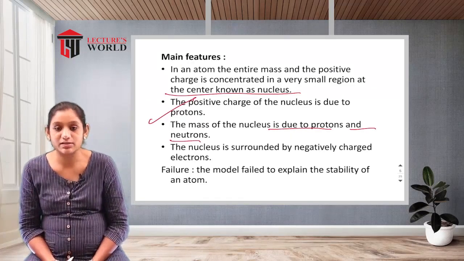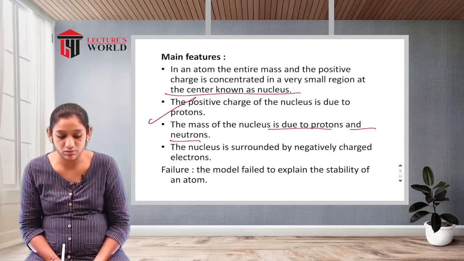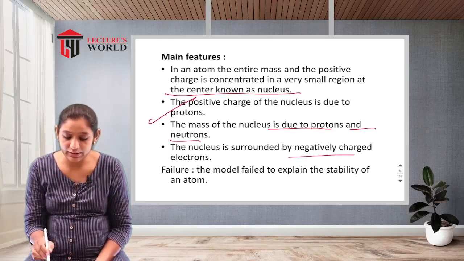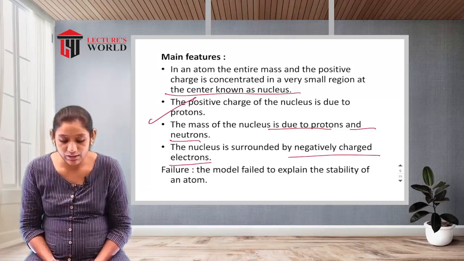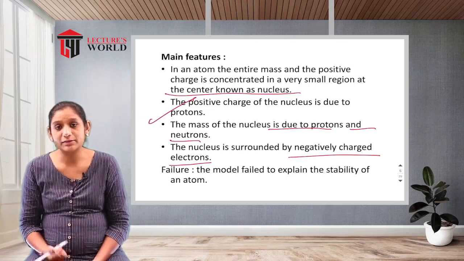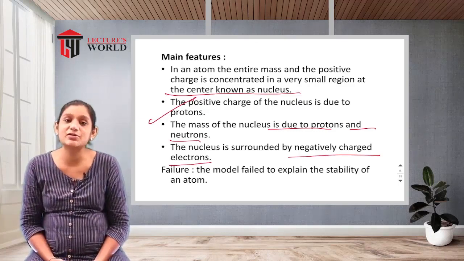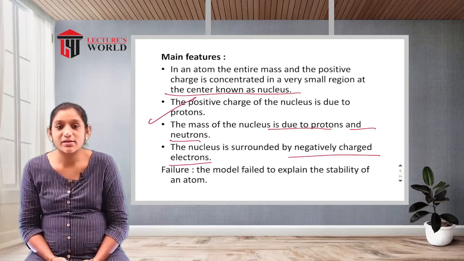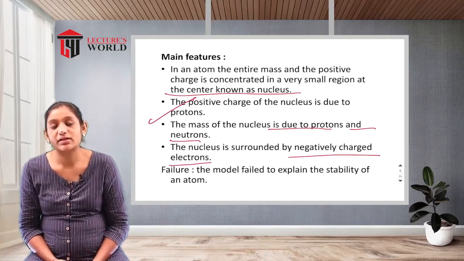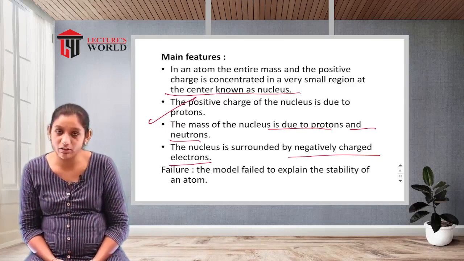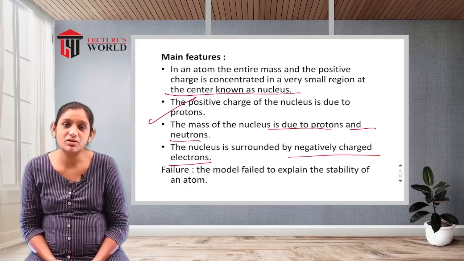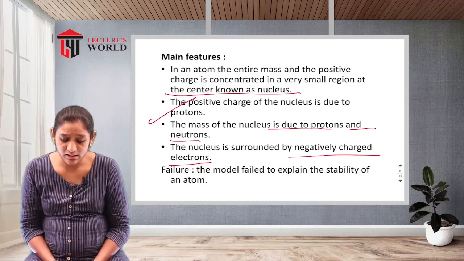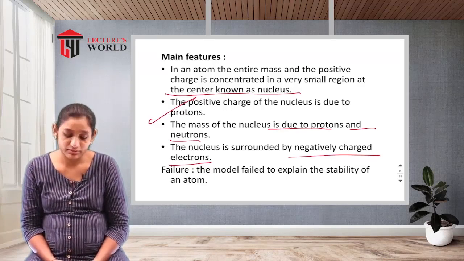The nucleus is surrounded by the negatively charged electrons, which are always moving outside the nucleus. Their charge is negative and they are called electrons, while the center is positive because of the protons.